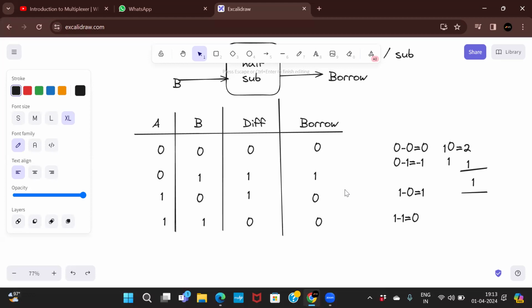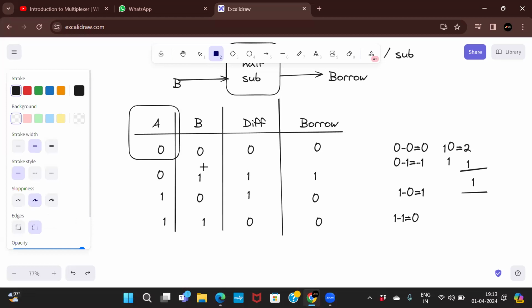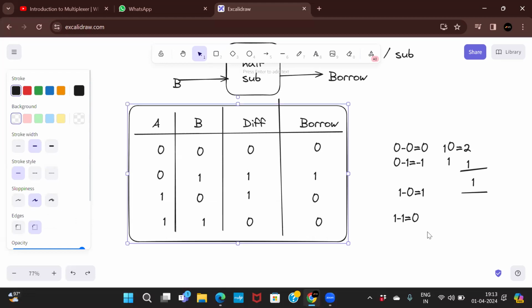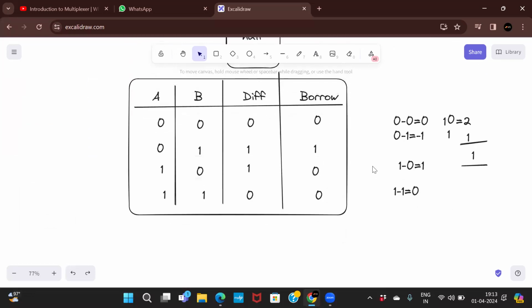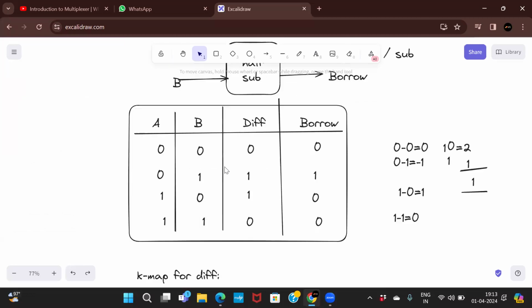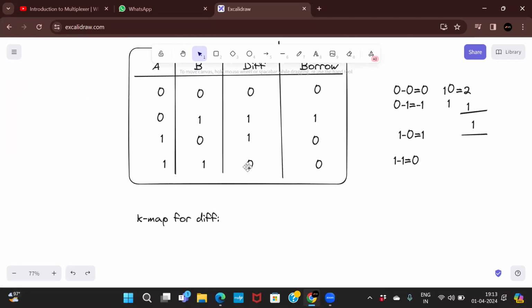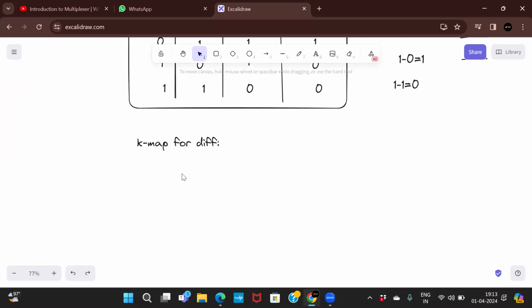Now we need to find the expressions to make the circuit. Based on the table, we find the K map. Using the K map, we find the expressions. First consider the K map for difference. We have two inputs, A and B, so how many cells do we require? 2 power 2, that is 4 cells.